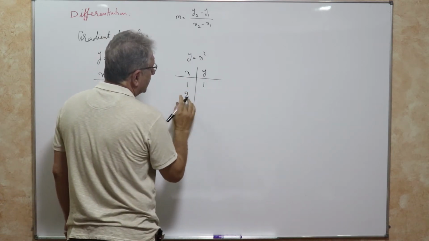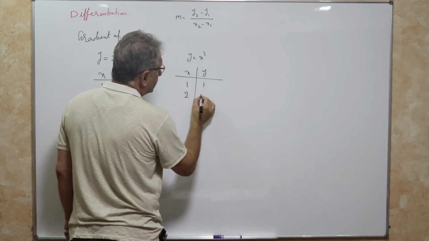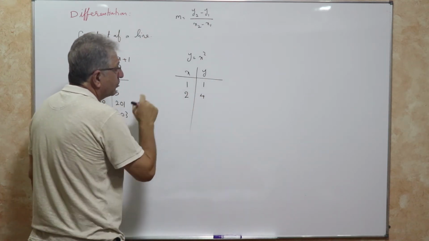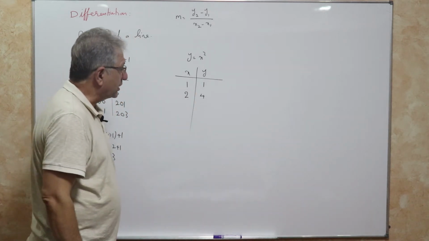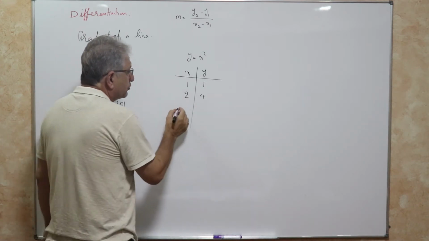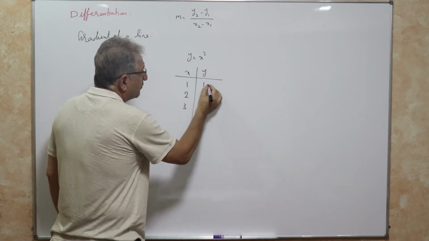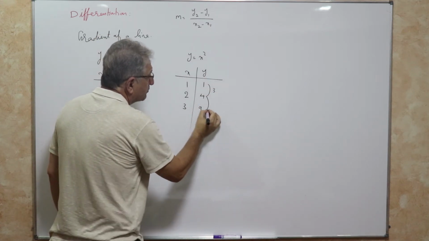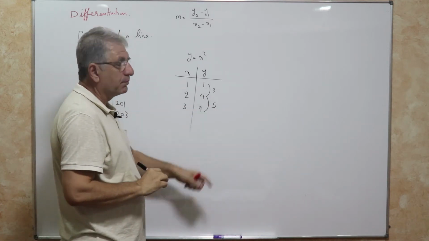If I put 2 here, y is 2 squared, which is 4. Therefore, when I add 1 to x, y increases by 3. The difference here is 3, but the earlier one was 1. Now let me put 3 and see what I get. If I put 3, y will be 9. The difference here is 5, but before it was 3. You can see that this is not a constant number.